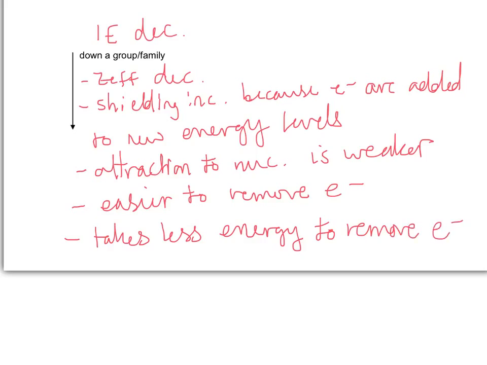So if you remember from last year, I always told you guys, think about the reasons first. Think through it. It usually has to do with Zeff. So think about what your property means, and think about how it relates to Zeff. And from your supporting statements, you should be able to come up with what the trend is.